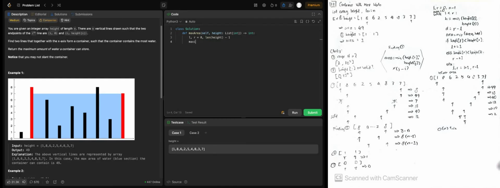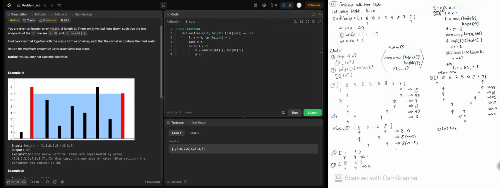Then let's call it max area here. While left is less than right, height equals minimum of height of left, comma height of the right one.